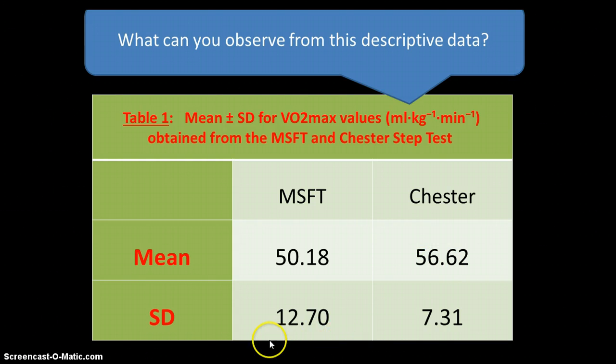However, the standard deviation for the multi-stage fitness test is much higher. It's much smaller for the Chester, which means that these results will be more tightly packed around the mean. These results were more variable, so people will have had quite vastly different results. Remember, I've shown you graphs of a wide, low, or a narrow, steep normal distribution, and that might be indicative from this detail.